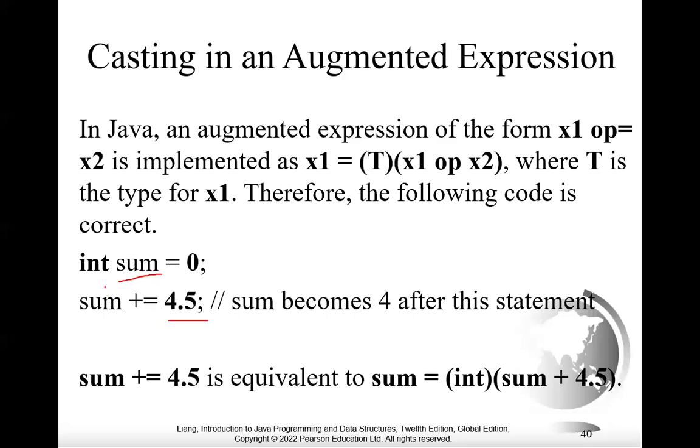We take sum, which is 0. We add 0 to 4.5, and the answer is 4.5. And then we try to store 4.5 back inside of sum. And at that time, integer will take over. Integer will say, okay, we know you are 4.5, but we don't care about your 4.5. The fact that you have to come inside an integer, you have to forget about your 0.5. And so we have 4 getting stored inside of sum. This is, I believe, what you already expect.